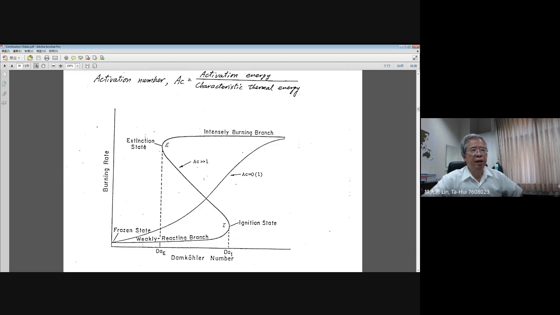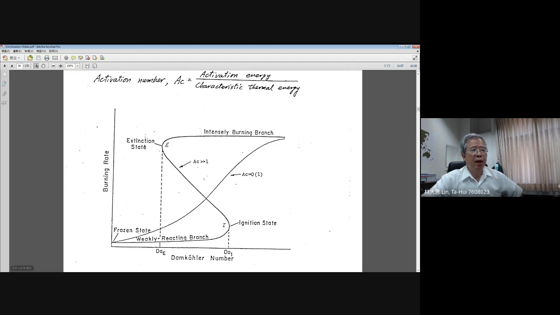On the S curve there are two branches connected by an intermediate branch. The lower one we call the weakly reacting branch. The upper one we call the intensive burning branch. This is a typical S curve, and it can be described when the activation number is very large.